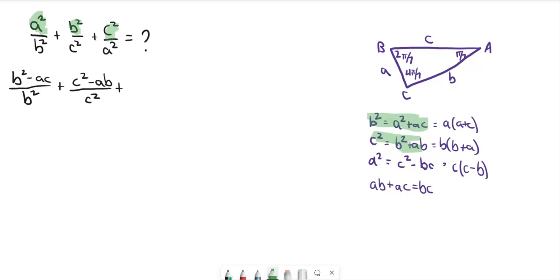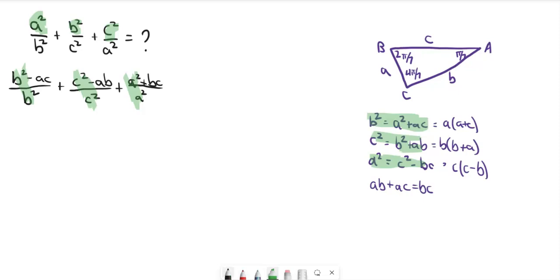I'm going to take the c squared here and rewrite this as a squared plus bc all over a squared. Right off the bat, I can do some reductions: b squared over b squared is 1, c squared over c squared is 1, and a squared over a squared is 1.